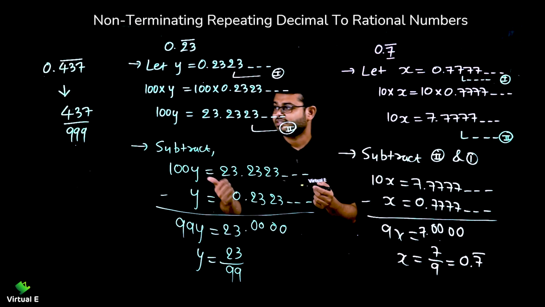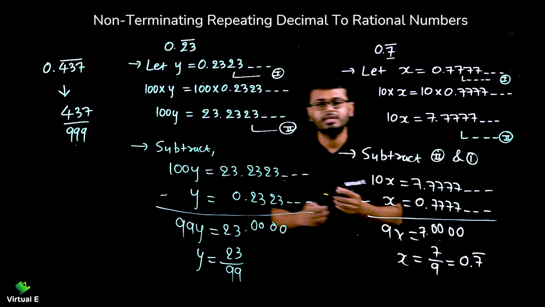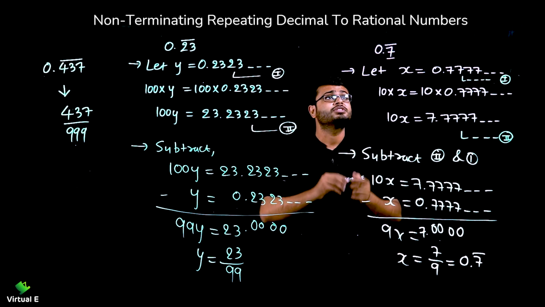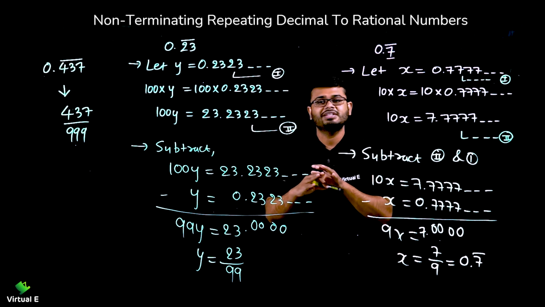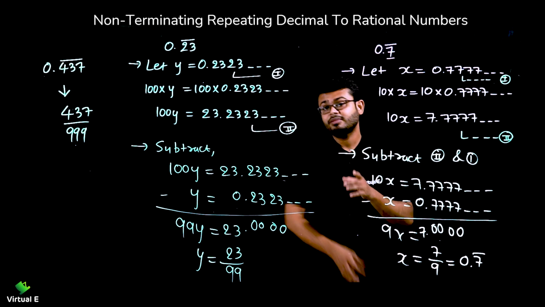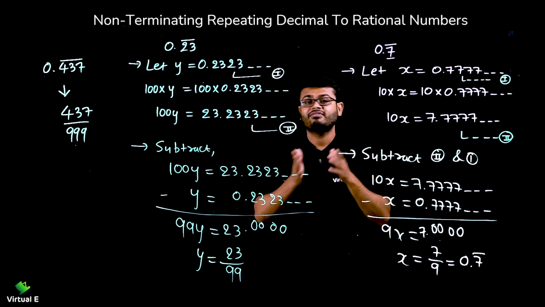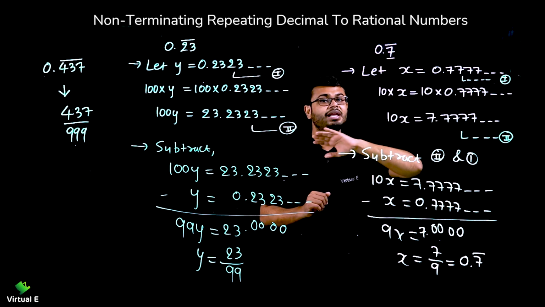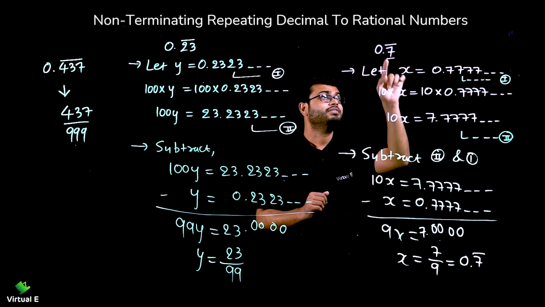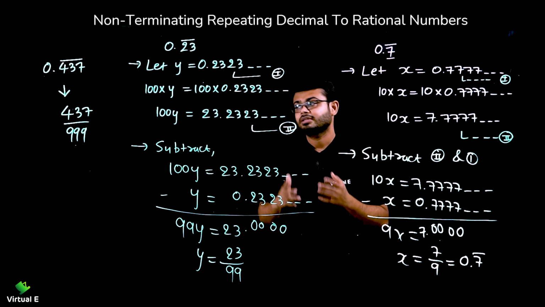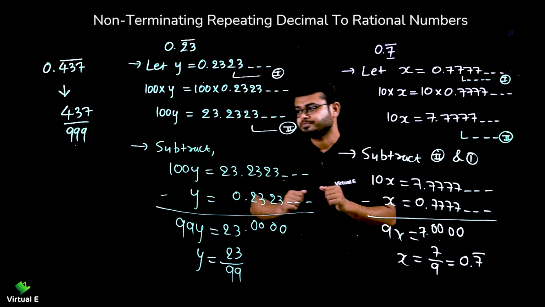So this was the third sum, we just did it like this. You can cross check whether we are getting this answer or not. So this is the first and very simple basic case of converting a non-terminating repeating decimal in the form of p by q. You take x is equal to something, any variable you can take. If there is only one digit, multiply by 10, two digits multiply by 100, three digits multiply by 1000.